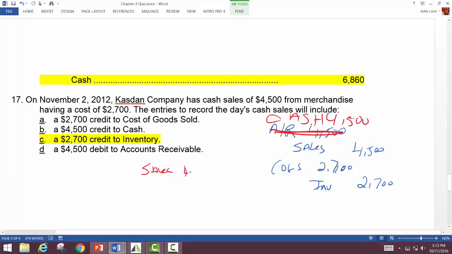We did it 52 times. Sales 4,500 minus cost of goods sold, 2,700. So my gross profit is 1,800.